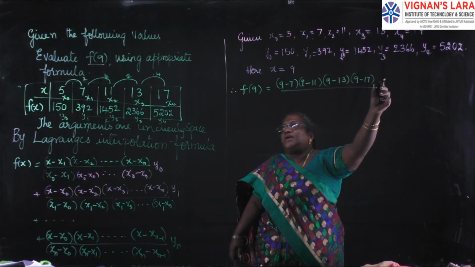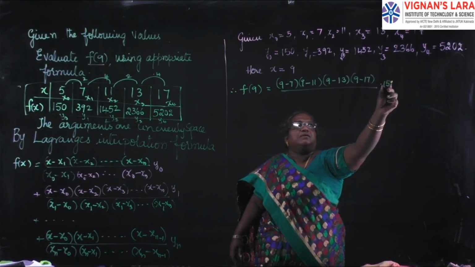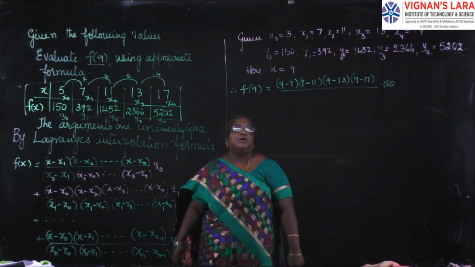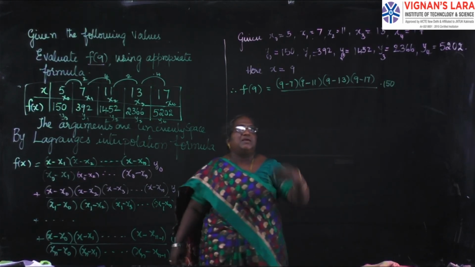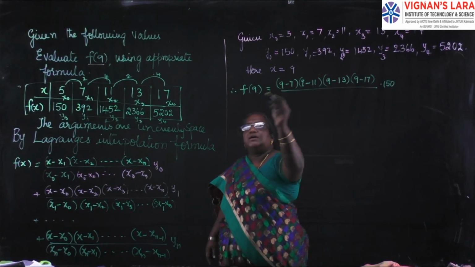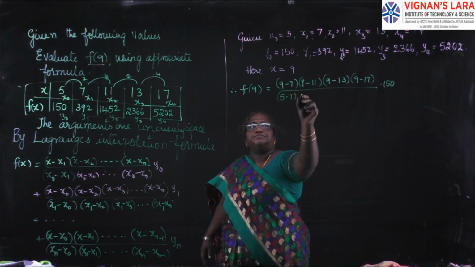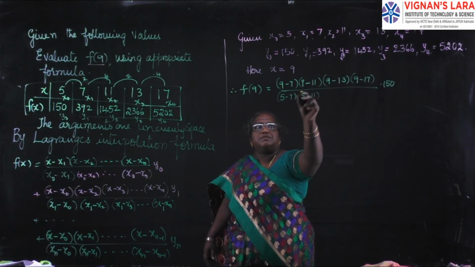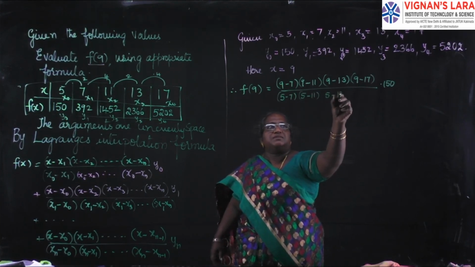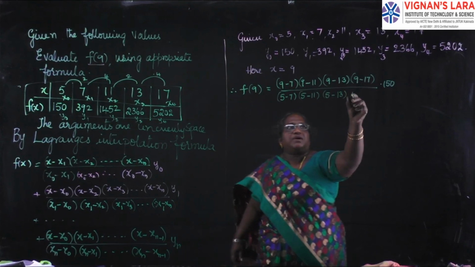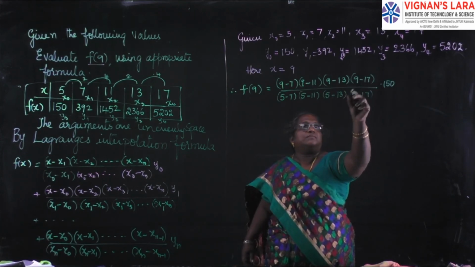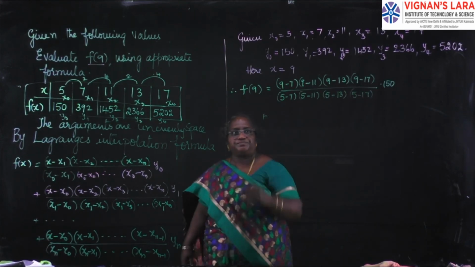into y0, and y0 is 150. We have not written x0, so in the denominator we will write 5 instead of 9: (5 minus 7)(5 minus 11)(5 minus 13)(5 minus 17), plus the second term.